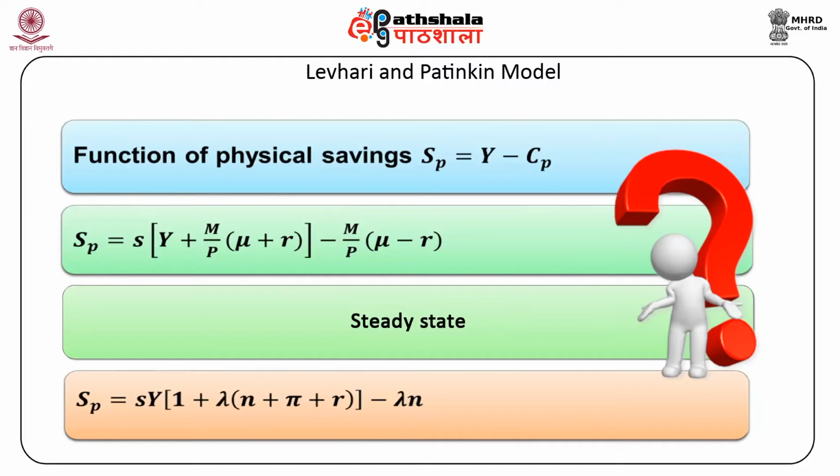In the steady state, it becomes SP is equal to S into Y multiplied with 1 plus lambda into n plus pi plus r minus lambda n. Both Levhari and Patinkin consider the services emanating from holding of real money balances as influencing individuals' disposable income.